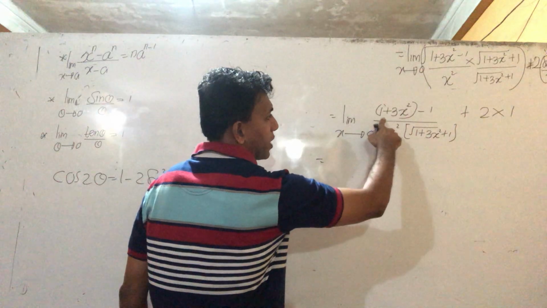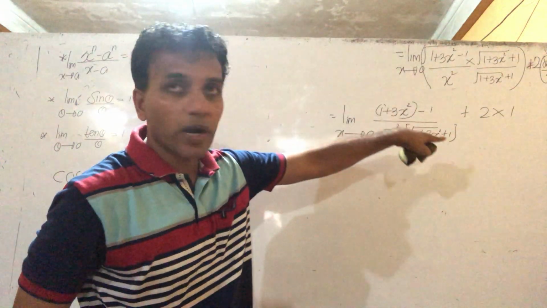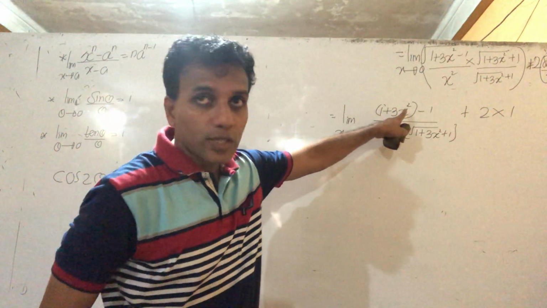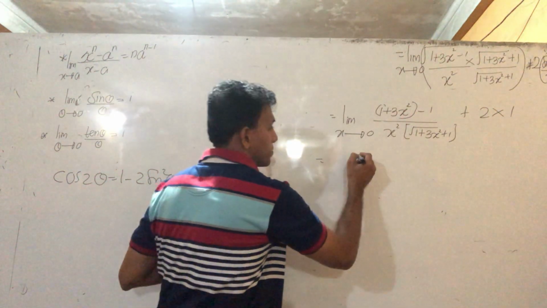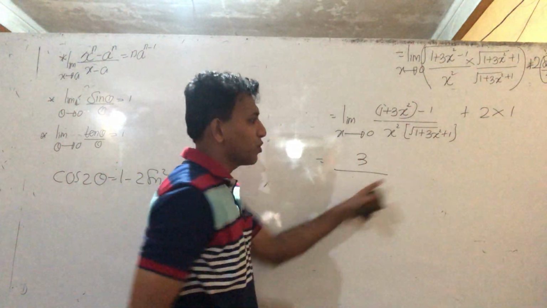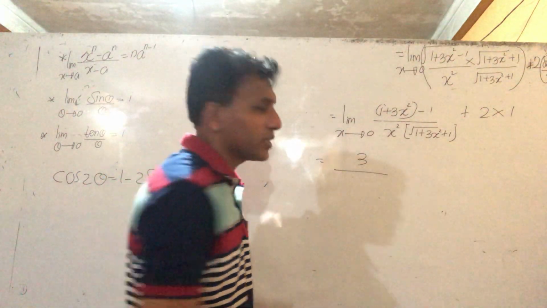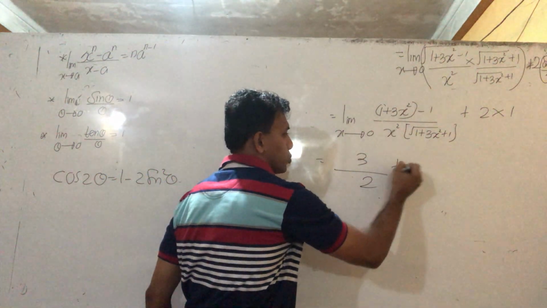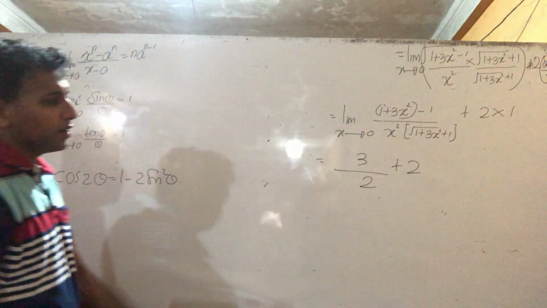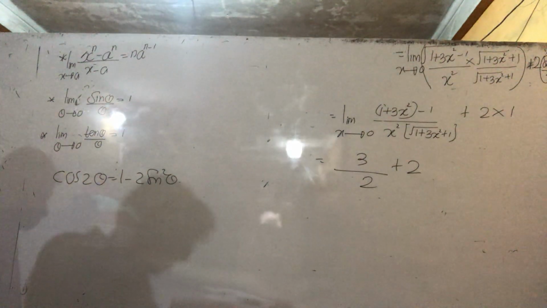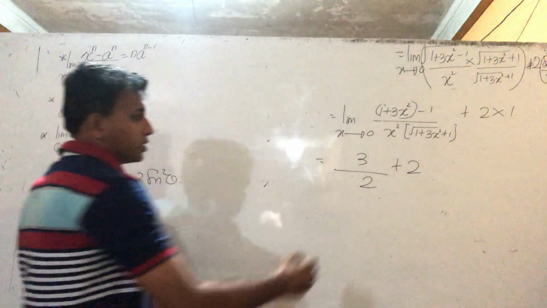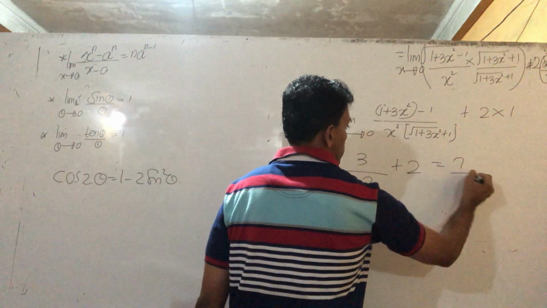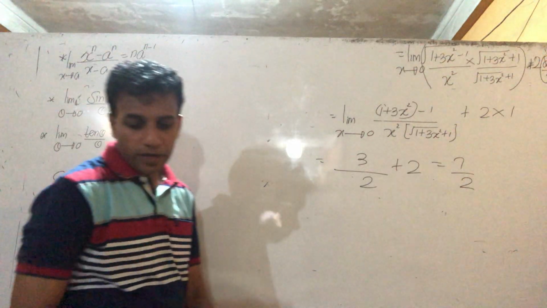Here 1 minus 1 cancels, 3x square remains, below x square cancels, therefore 3. Put x equals 0: 1 plus 1 is 2, so 3 over 2, plus 2, simplifies to 7 over 2, or 3.5, or 3 and a half.